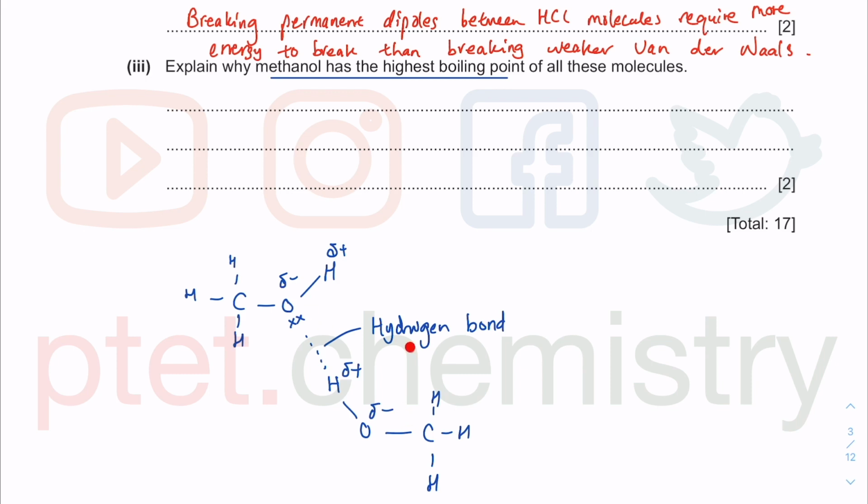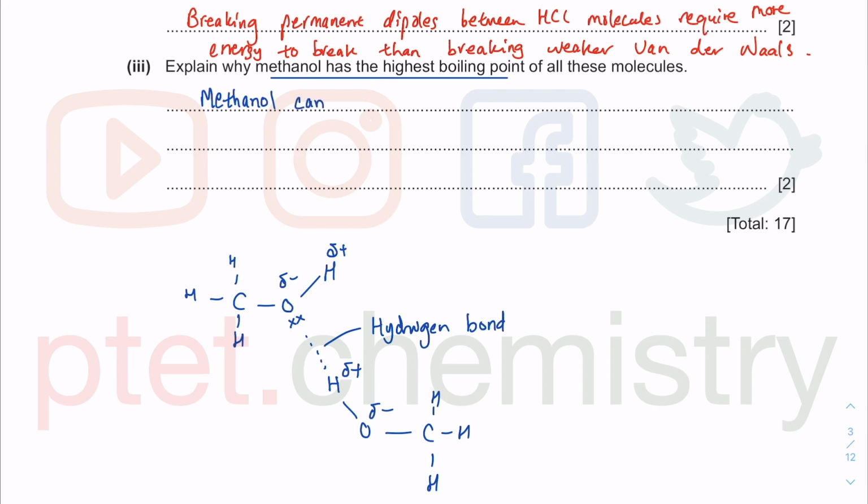Between the molecules is intermolecular forces from the lone pair of the electronegative atom to the hydrogen bonded to a very electronegative atom: fluorine, oxygen, nitrogen, the 3 most electronegative elements, conditions for forming hydrogen bond there. So methanol must have permanent dipole, but methanol must have a very strong form of permanent dipole.